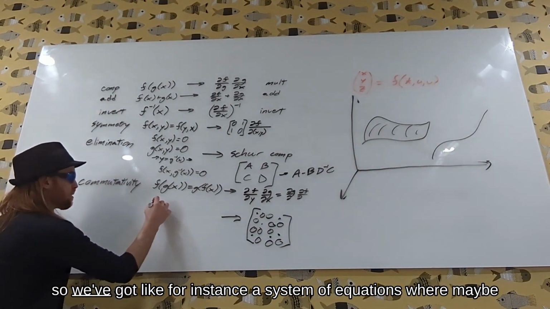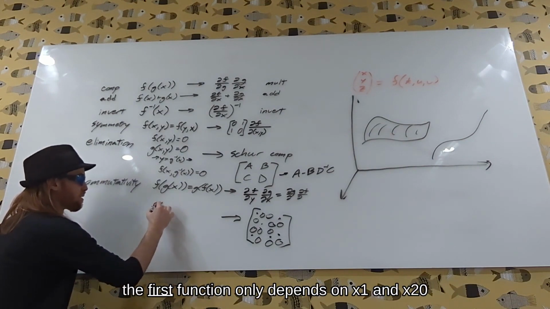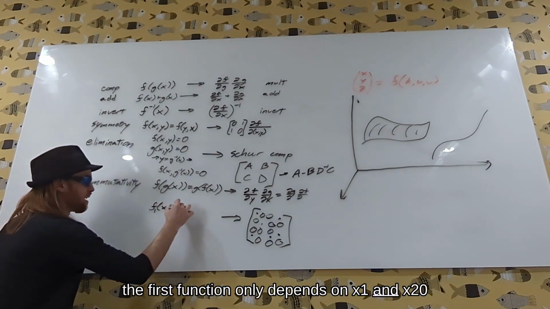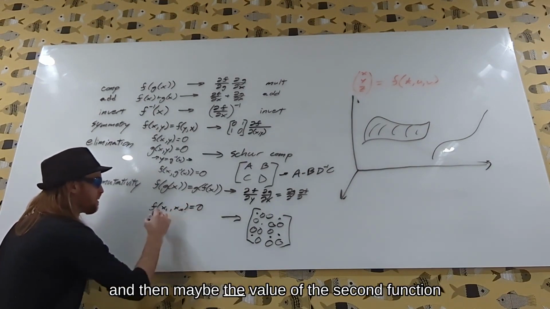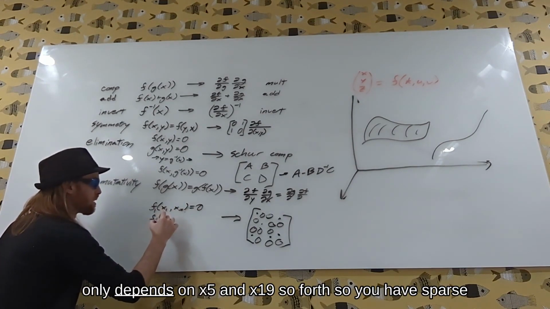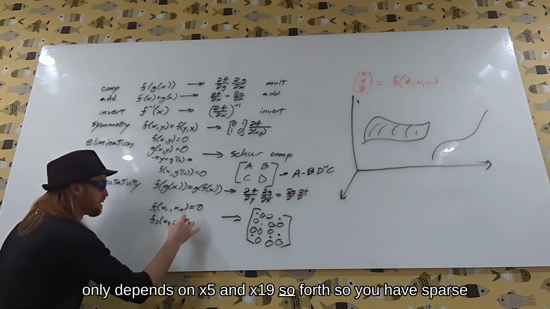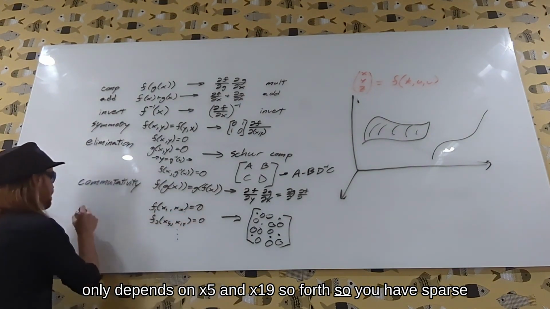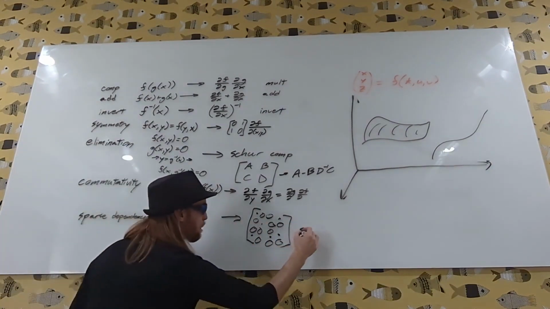There you go. So, for instance, a system of equations where maybe the first function only depends on x1 and x20, and then maybe the value of the second function only depends on x5 and x19, and so forth. So sparse dependence yields a sparse matrix.